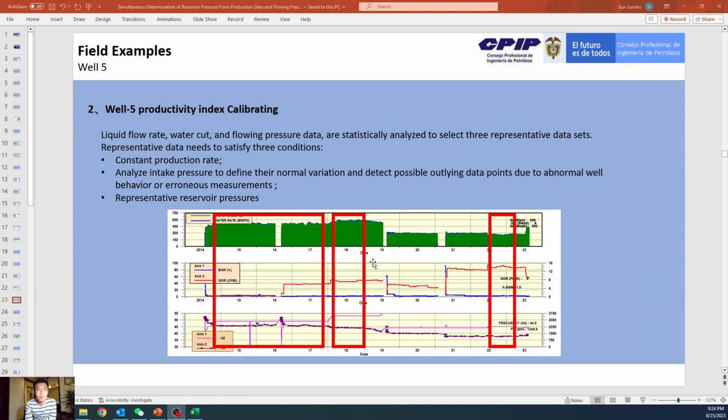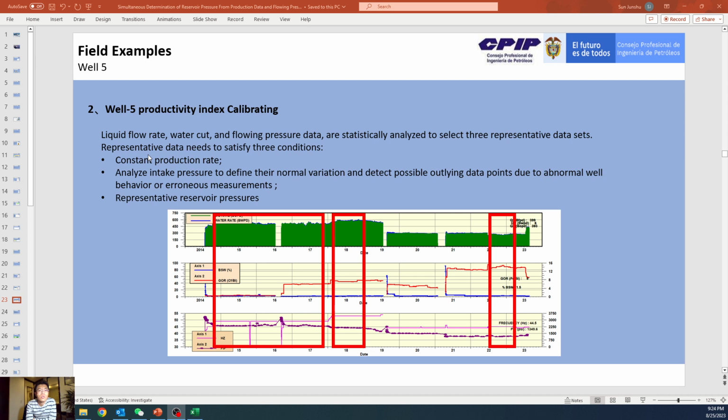As we introduced before, the productivity index is very important to back calculate the reservoir pressure. So we need to double check and calibrate this PI. The methodology is as following. Liquid flowing rate, water cut, and flowing pressure data are statistically analyzed to select 3 representative data sets.